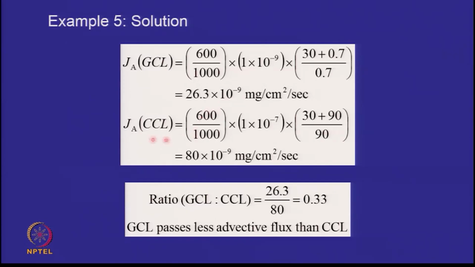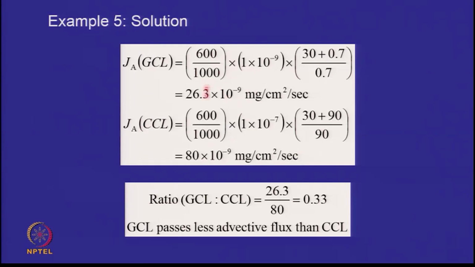Then if you go to the compacted clay liner, the concentration is still the same. Two things happen. Permeability is 10 to the power of minus 7, and the hydraulic gradient changes. And this causes the advective mass flux to be 80 into 10 to the power of minus 9 milligram per centimeter square per second. So what does this show us?